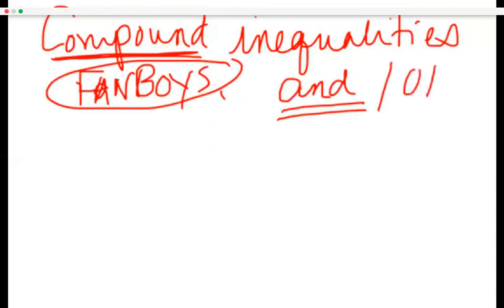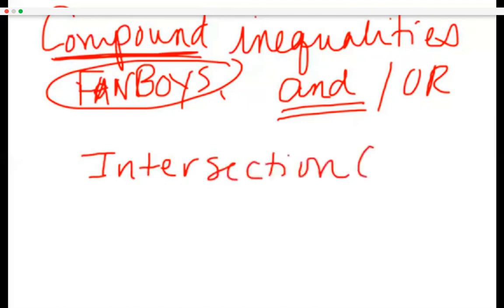So in math class, we use two conjunctions to separate two inequalities, guys. We use the word and, we use the word or. So basically, there's two types of compound inequalities you will encounter in a math class. The first one is the intersection. When we talk about the intersection, we use the word and to reference it.